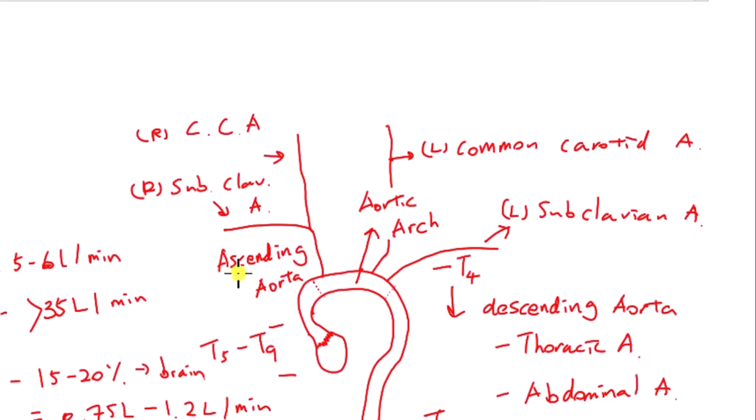What's important about the subclavian artery is it gives rise to the vertebral artery, a little bit lateral to each side of the common carotid artery. The vertebral artery rises medially and superiorly and posteriorly.